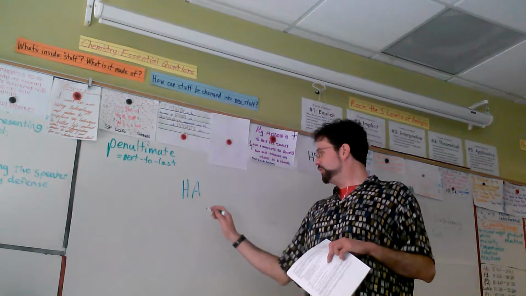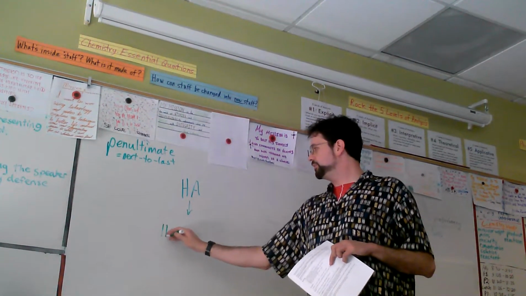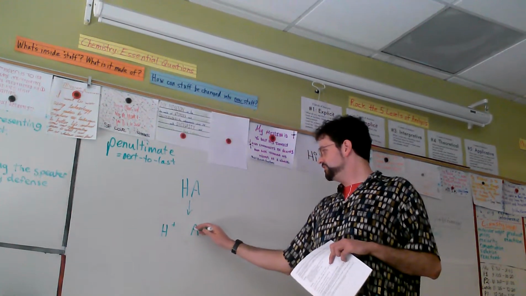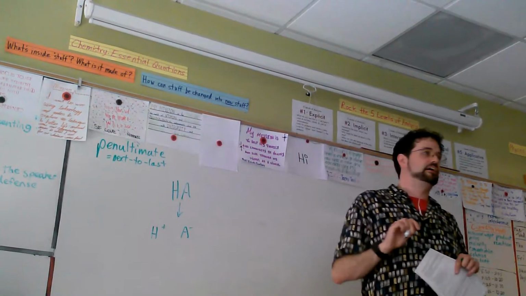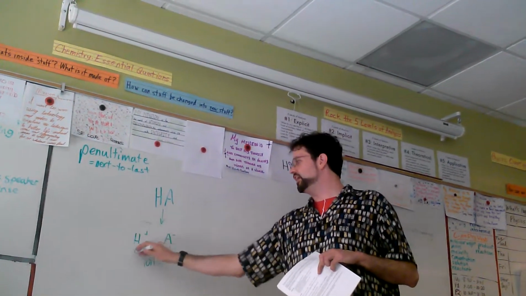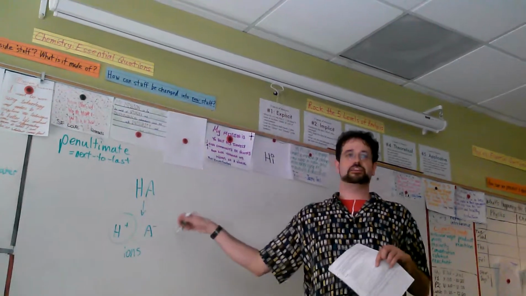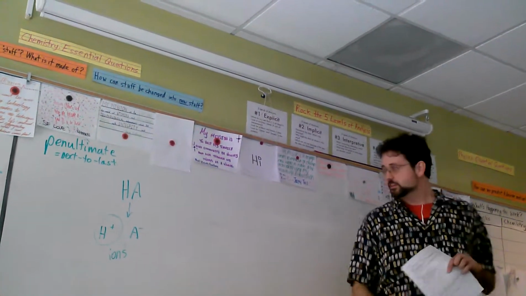So we write that like this, and then when you put an acid in water, it breaks up into this and this. These are called ions. And the hydrogen ion here is what makes it an acid. And this A can be anything. It can be lots of different things.